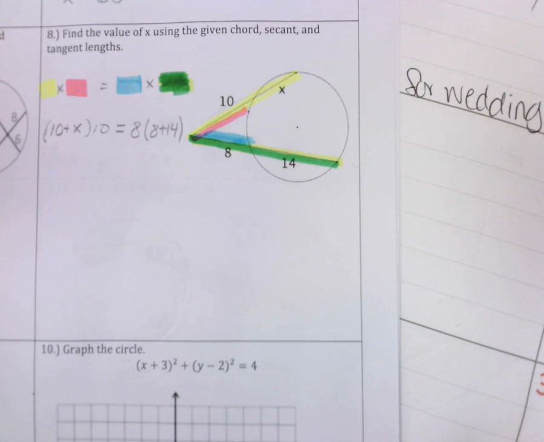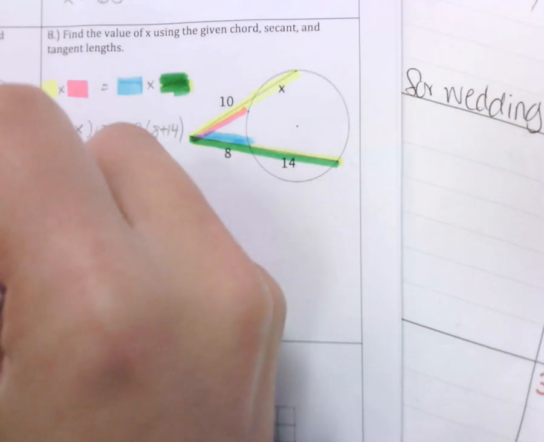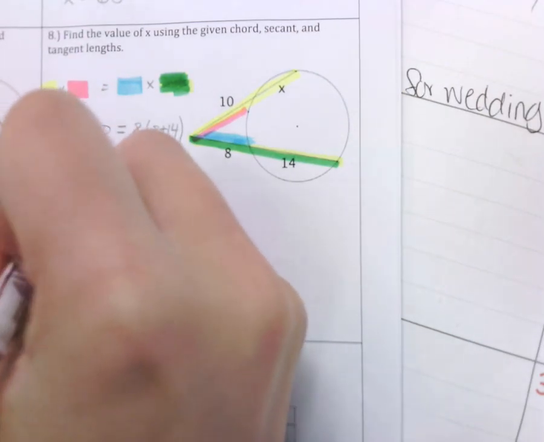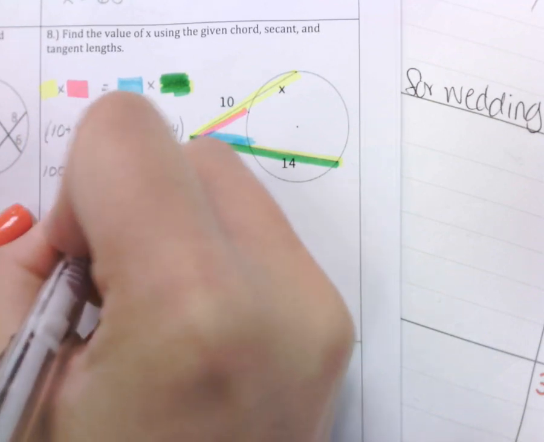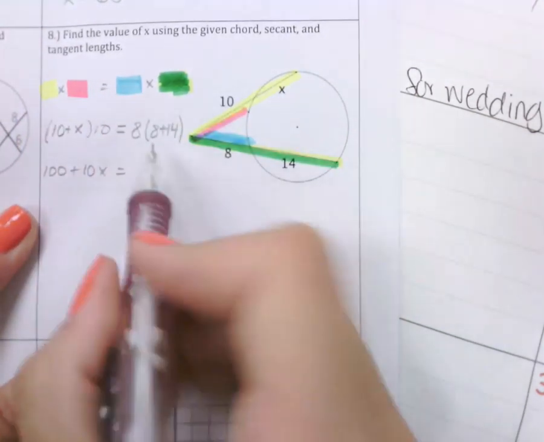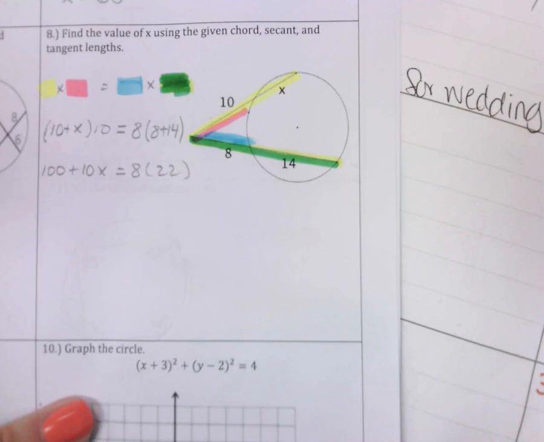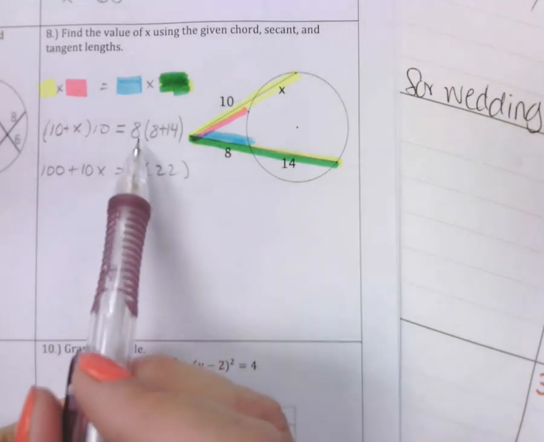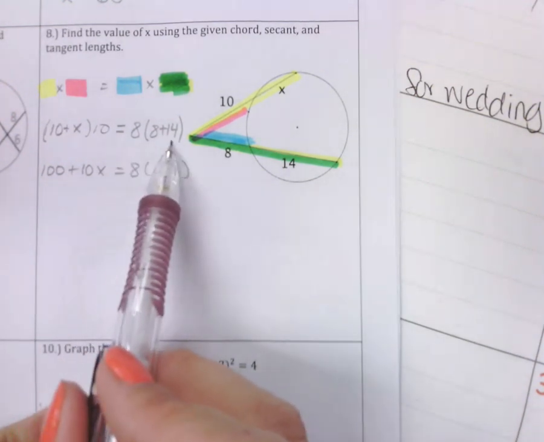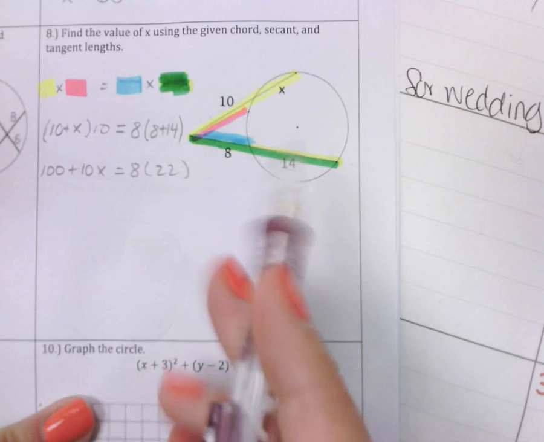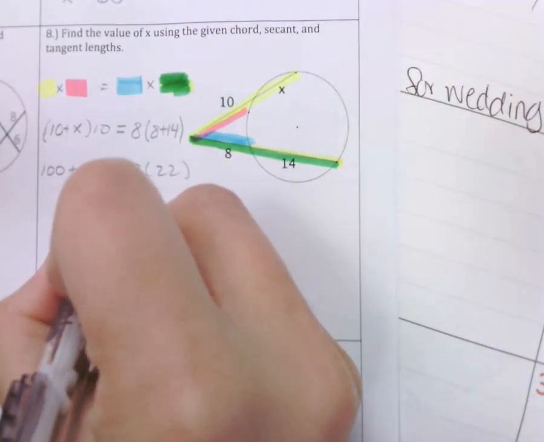One sec, I'm color coding. So I can distribute and get 100 plus 10x equals, you can distribute here or not, like you could just do 8 times 22. But you don't necessarily have to distribute here. You can just do 8 plus 14, which is 22, and then multiply by 8.